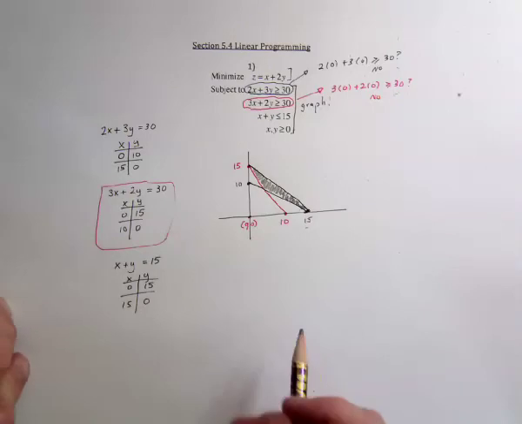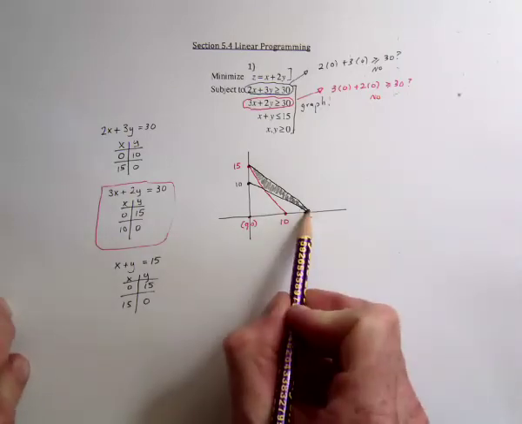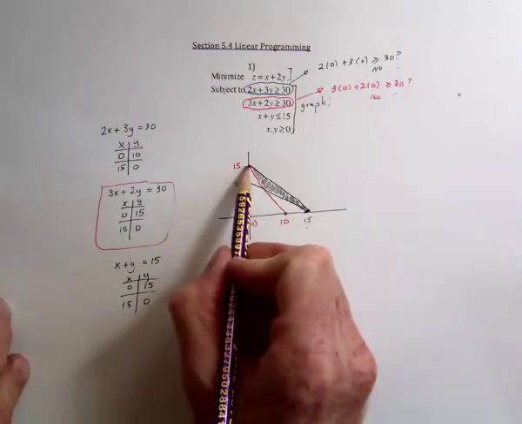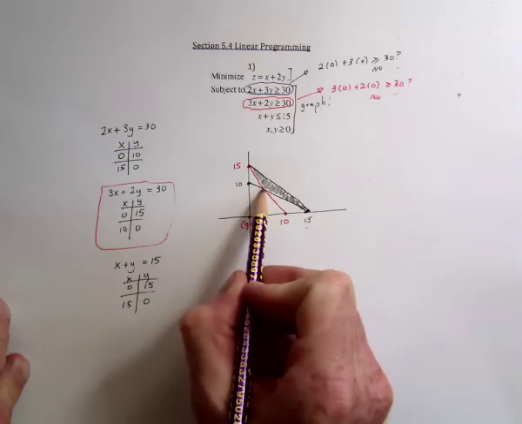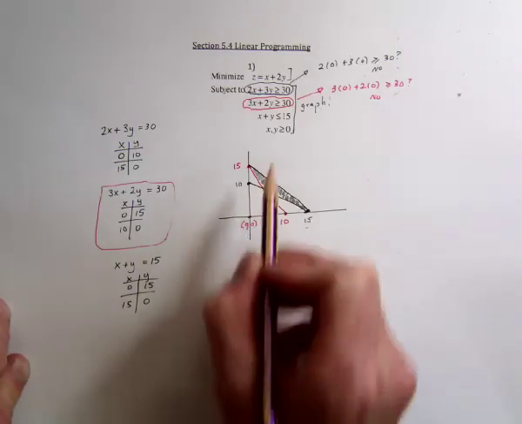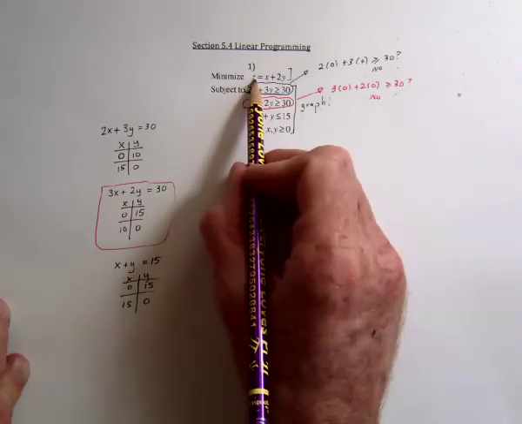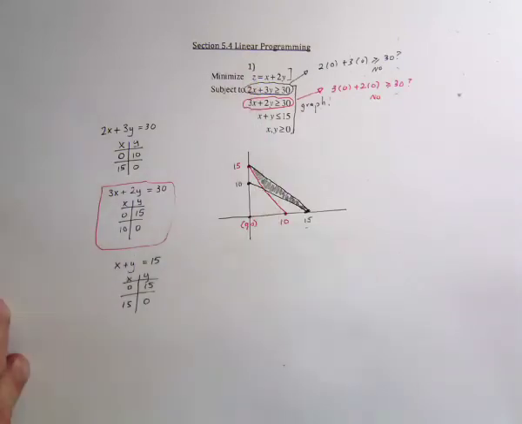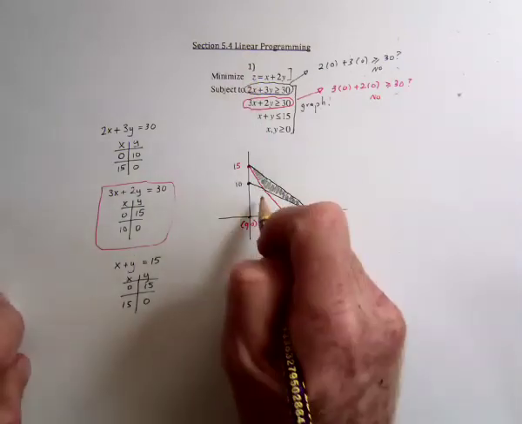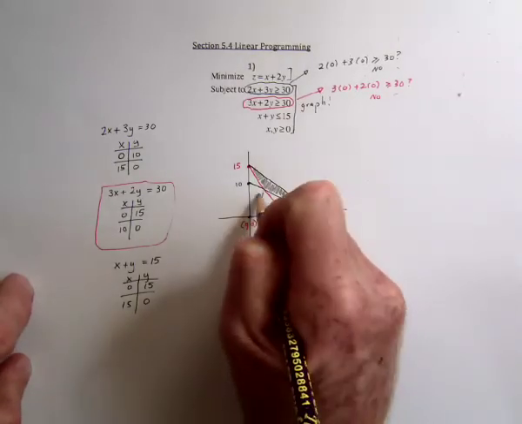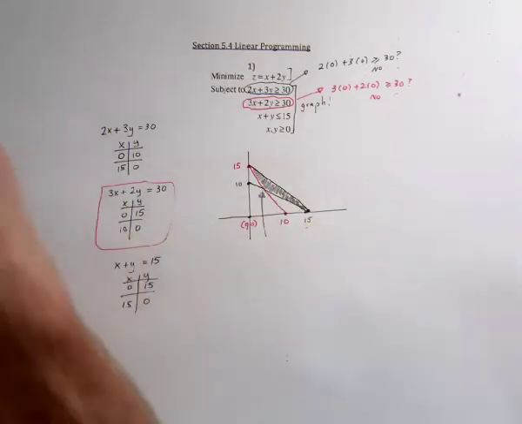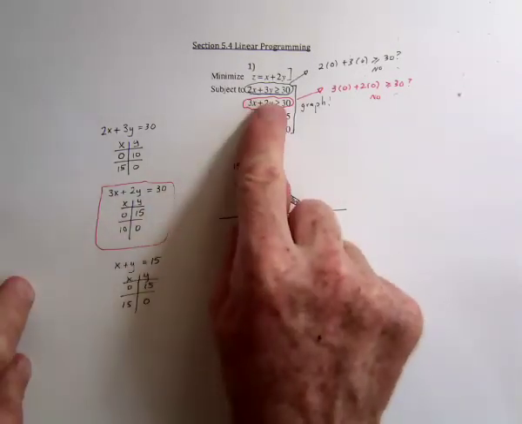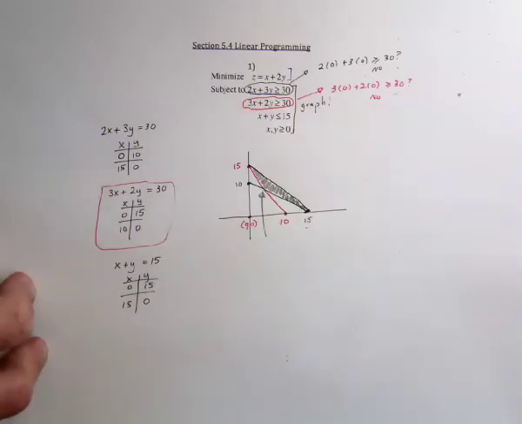Now for the next part, what we do is take all of the vertices of the triangle and take the x and y value, substitute it in, and see which one gives us the smallest result for z. That means that we need to know where is this point of intersection. So where do the black and the red line intersect?